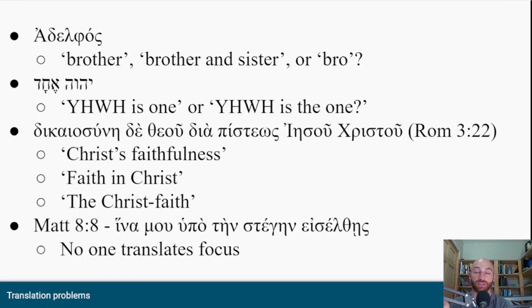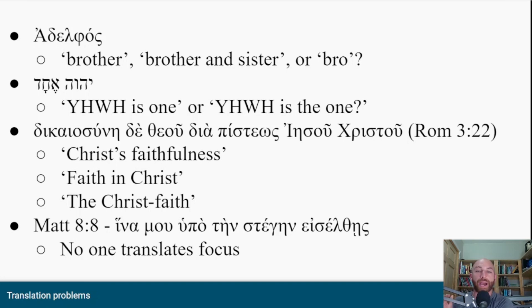Christ's faithfulness, they have to argue grammatically that pisteos means faithfulness and that the genitive is equivalent to the little apostrophe s. Okay, that has to be their argument. I say the Christ faith, where I argue that pisteos is referring to a specific entity, so we should use the definite article in English, and that the genitive is equivalent to our English compound word construction.